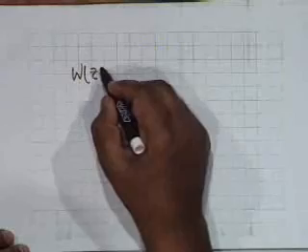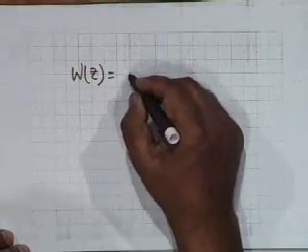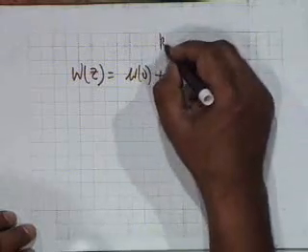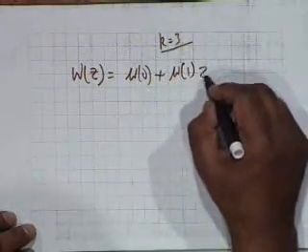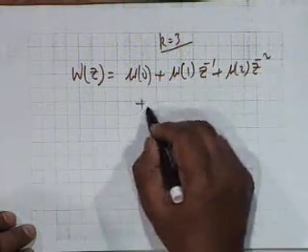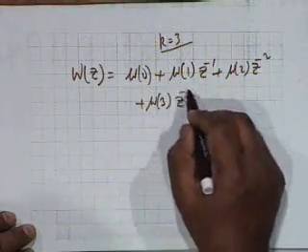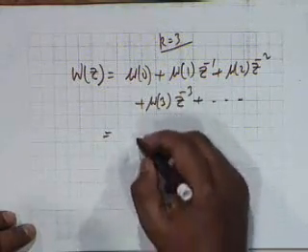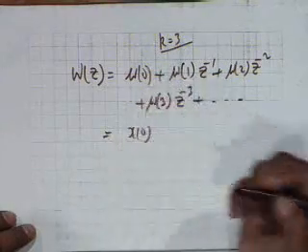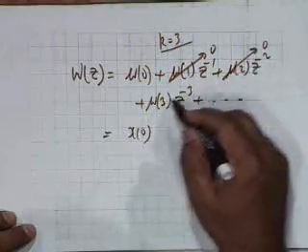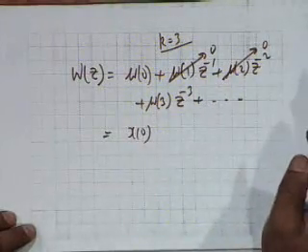And you see, if you want to find out W of Z, it is W of 0 plus W of 1, let us take k equal to 3 once again, Z to the minus 1 plus W of 2, Z to the minus 2 plus W of 3, Z to the minus 3, and so on. Now, in the case k equal to 3, W of 0 is x of 0, W of 1 is 0, W of 2 is 0, and W of 3 is x of 1.